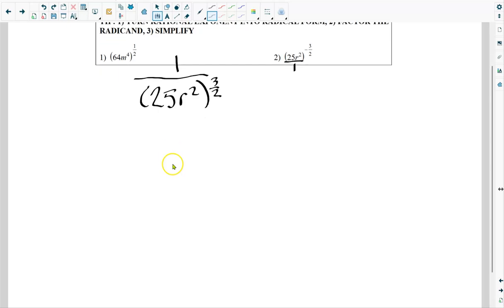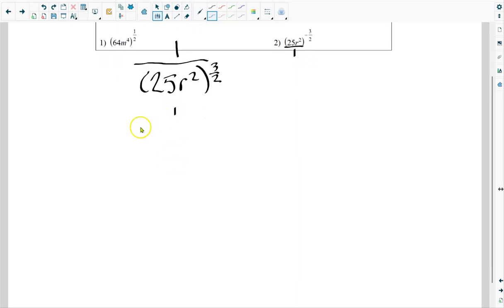So I have one half, and I've got 25r squared. Remember, the 3 is the exponent, it's in the numerator. The denominator is what tells you we have a radical with this as the index.